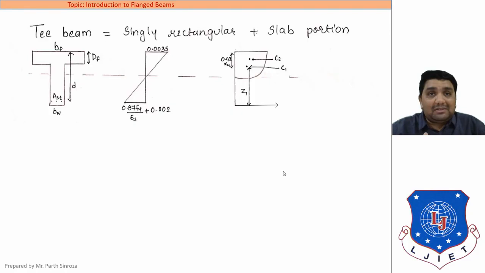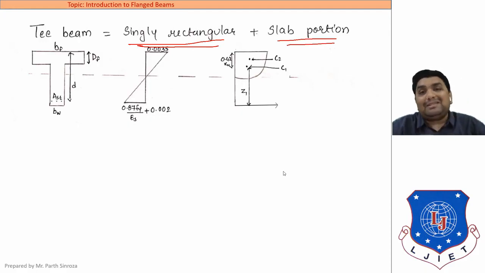As we have discussed earlier, there are two sections we need to consider. The first section will be a singly rectangular section, and the second section will be our slab portion, or the flange portion. So we always need to cut our section in these two forms.